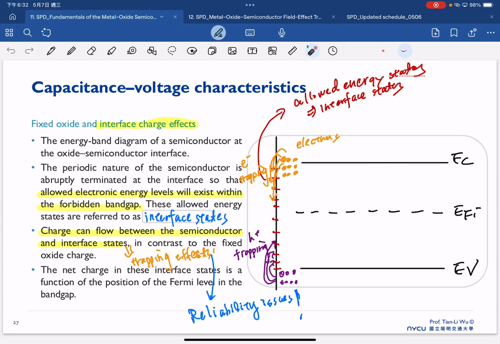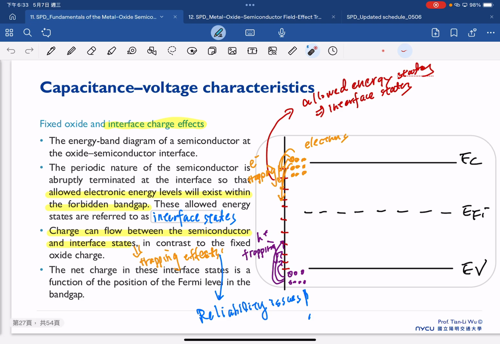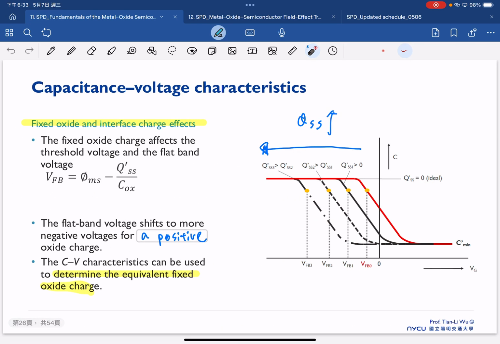Okay, good evening, everyone. So we will continue to discuss the fundamentals of the metal oxide semiconductor field effect transistor. On Monday, we talked about the CV characteristic. One of the main purposes of the CV is to characterize the fixed charge, especially the fixed oxide charge.